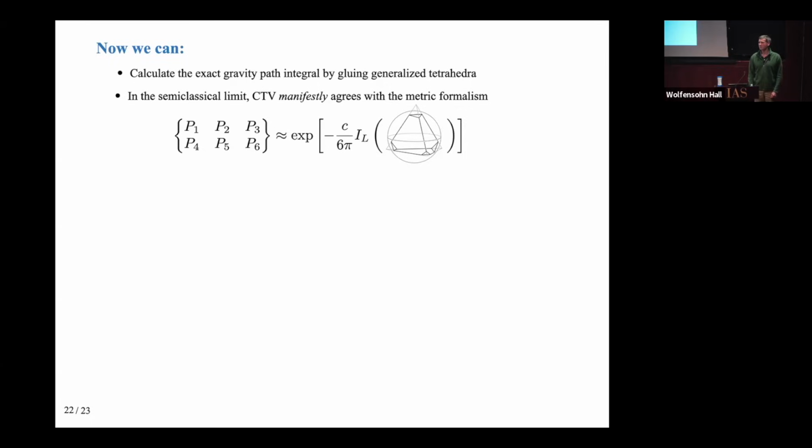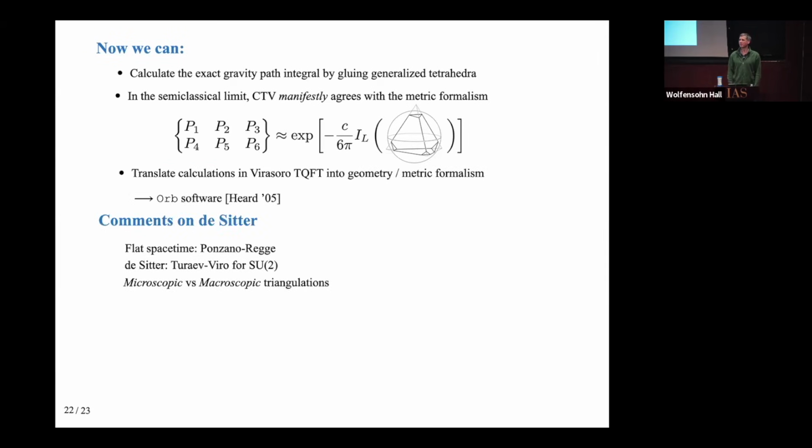Thanks, Tom. So I was just wondering, in the de Sitter case, if you go one slide back, why are you doing SU2 and not SU2C? That is a very good question. I think, well, that's not what I'm doing. This is what Turaev-Viro did and what the spin network people have been doing for decades.